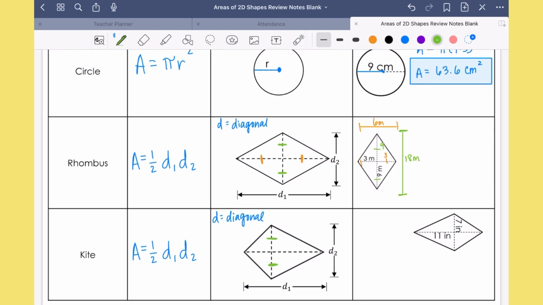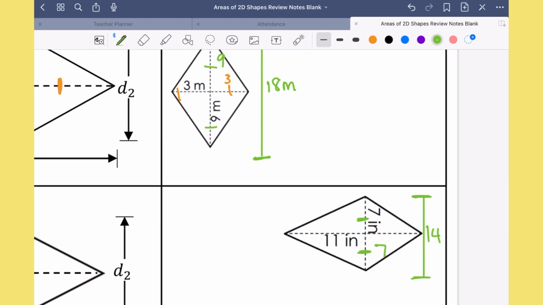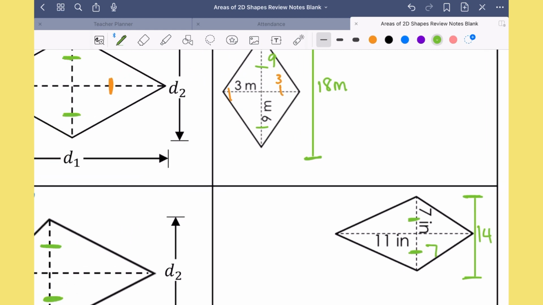Okay. Let's do the kite. So remember, the kite, only this segment and this segment are congruent because the top of the kite is always shorter than the bottom. So if this is 7, then this is also 7. So for this diagonal, 7 plus 7 is 14. Can you see that? Sorry. Keep forgetting to zoom in.